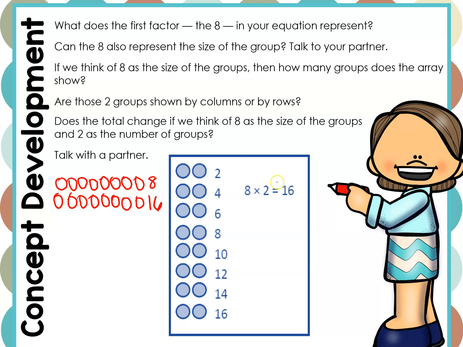So instead of having 8 groups or rows of 2, this time I have 2 rows of 8. And they would both equal the same thing. So just like on the last problem, that's where we're using our commutative property, and that's saying that the factors, or the two numbers we multiply together, can trade places in a problem and still have the same answer.